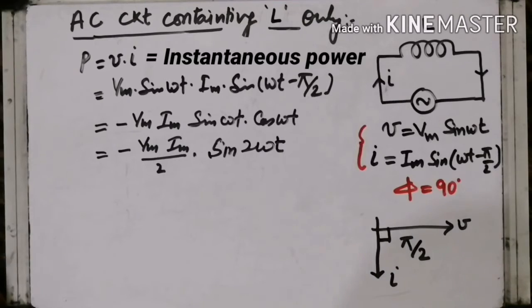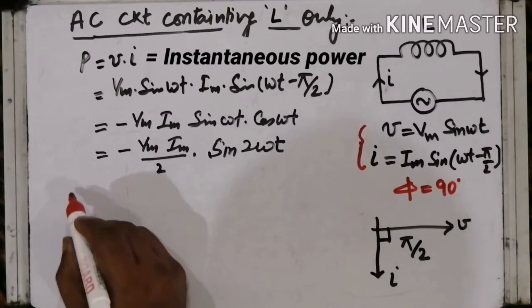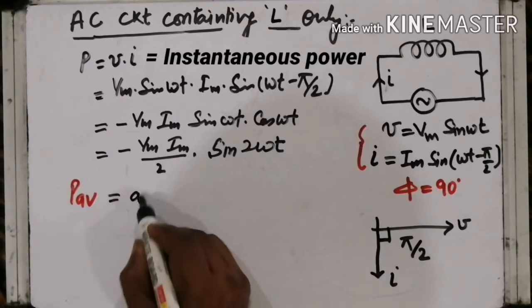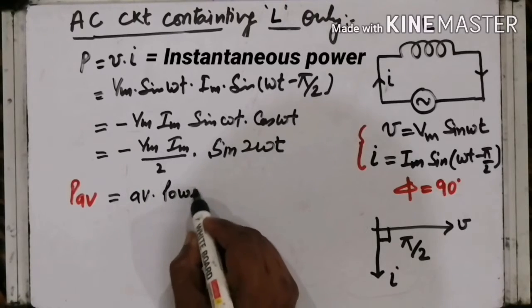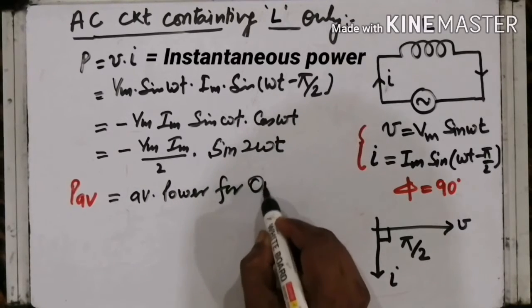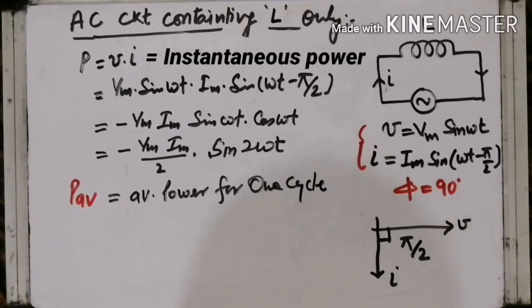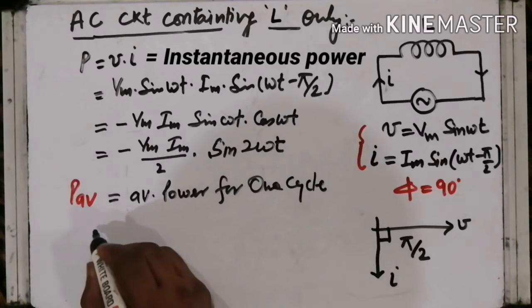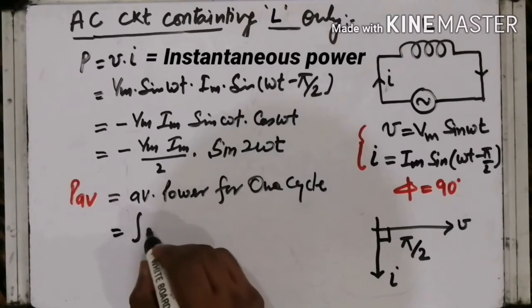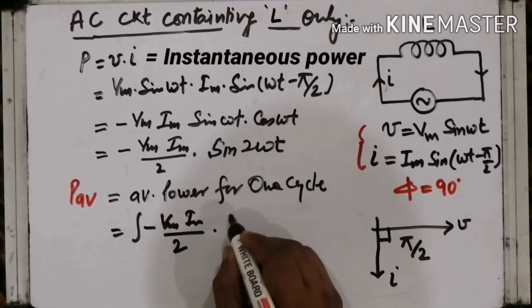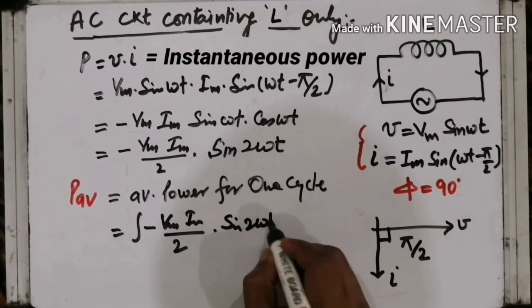Right? Now the average power for one cycle. Integrating, P average is equal to the integration of minus V maximum I maximum divided by 2 into sine 2 omega t.